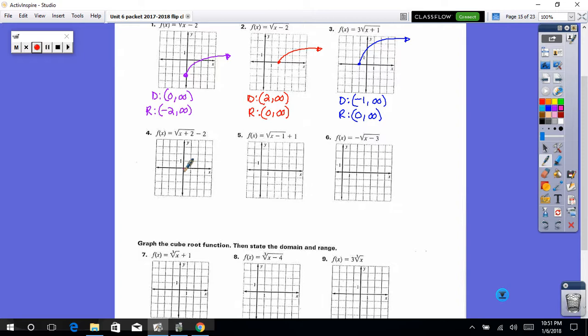Number 4, left 2, down 2. Domain negative 2 to infinity, and the range negative 2 to infinity as well.